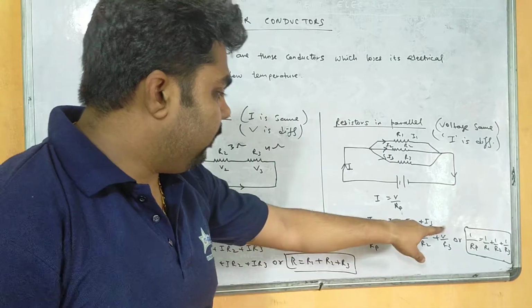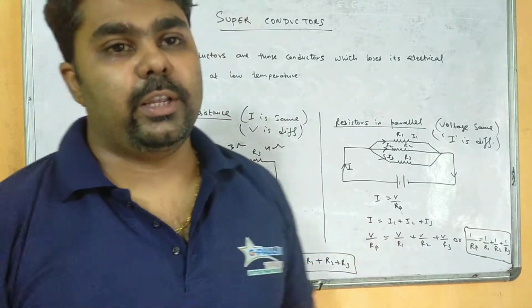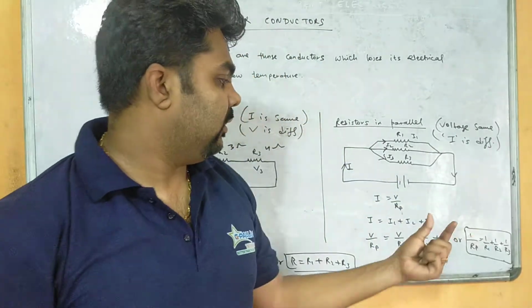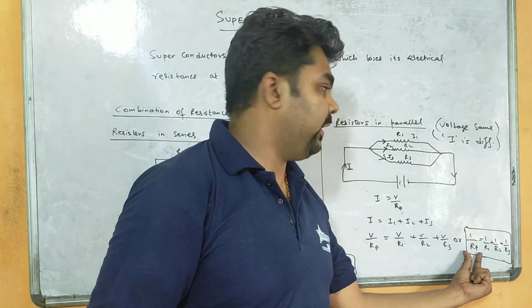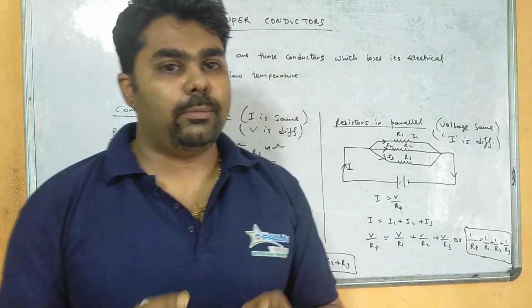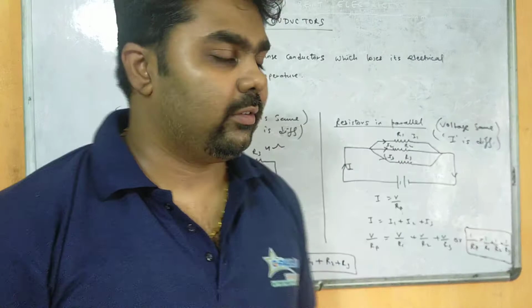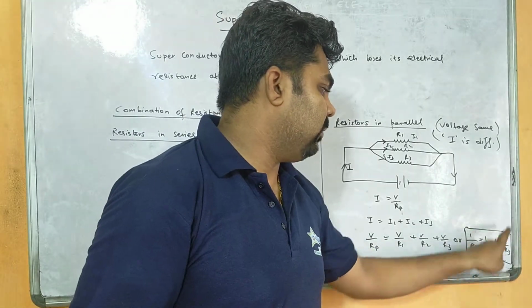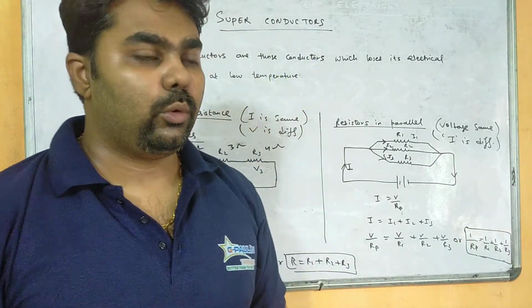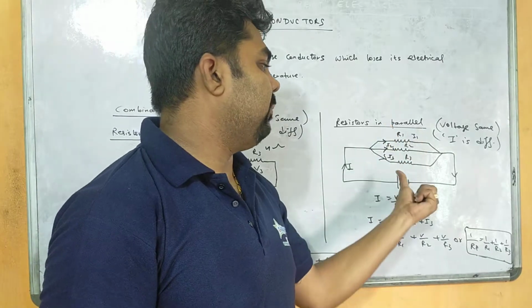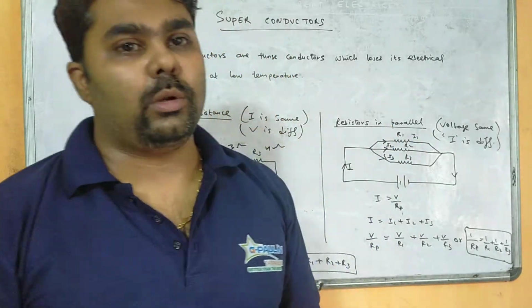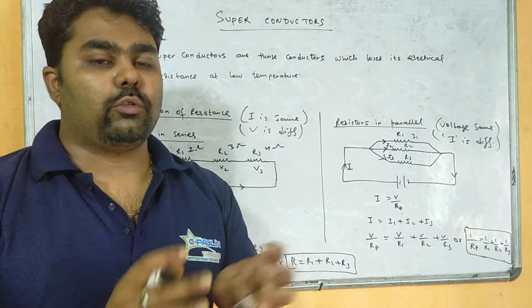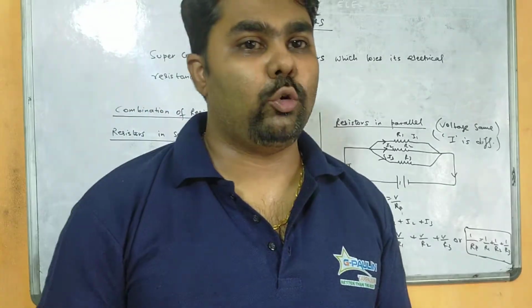Now if we take V common and V gets cancelled, we get 1 by Rp, the equivalent resistance connected in parallel, equals the sum of the reciprocals of the resistances. That means 1 by R1 plus 1 by R2 plus 1 by R3. Similarly, if it is 2 ohm, 3 ohm and 4 ohm, then 1 by 2 plus 1 by 3 plus 1 by 4 we will solve, and then we will get the equivalent resistance.